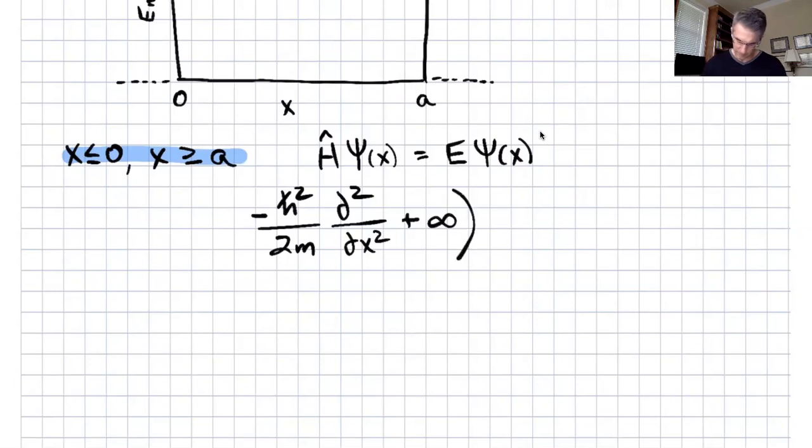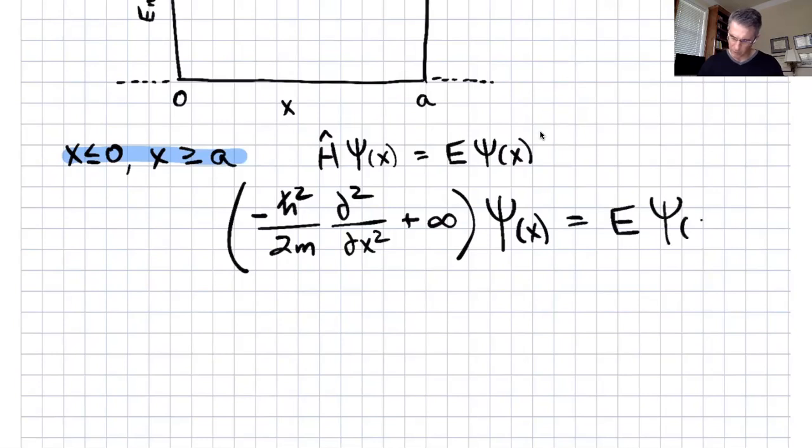But that's our operator. That's our Hamiltonian. So we apply that to this time invariant wave function. And assuming the time independent Schrodinger equation applies, it should return the energy times the wave function.